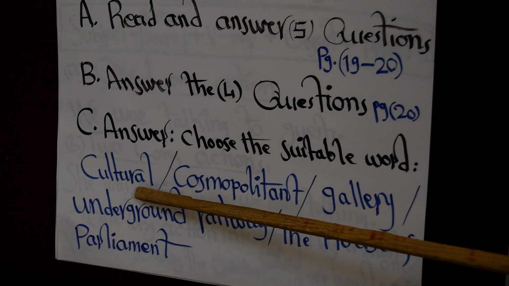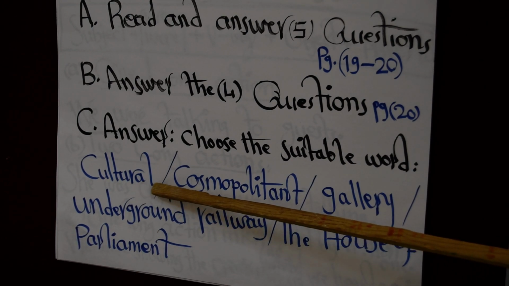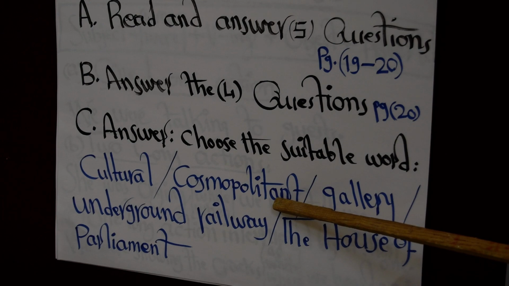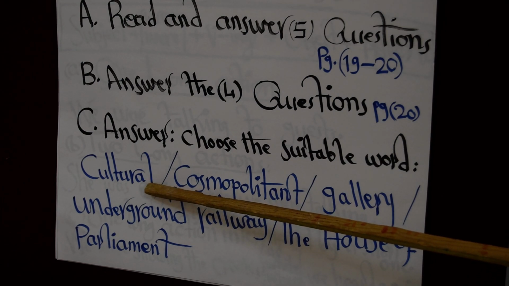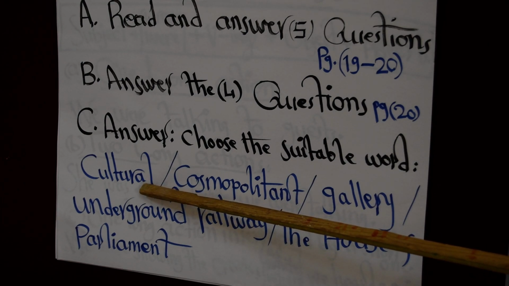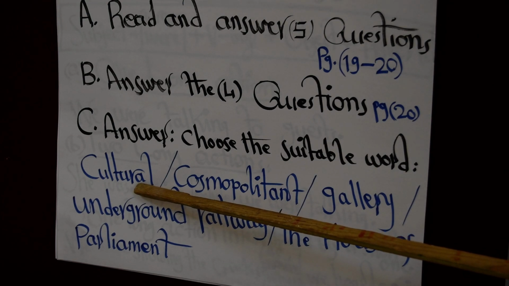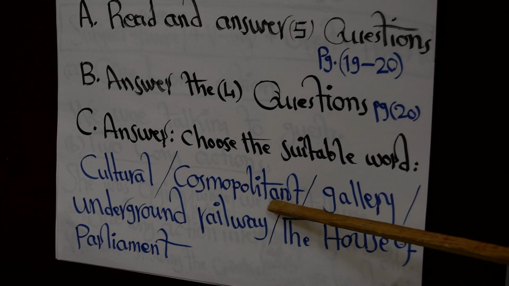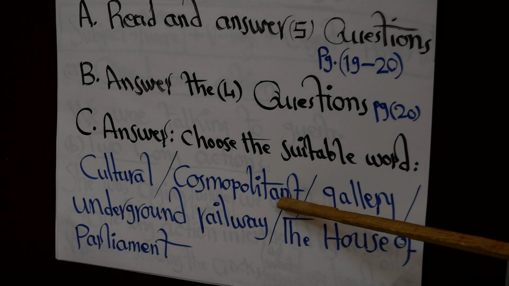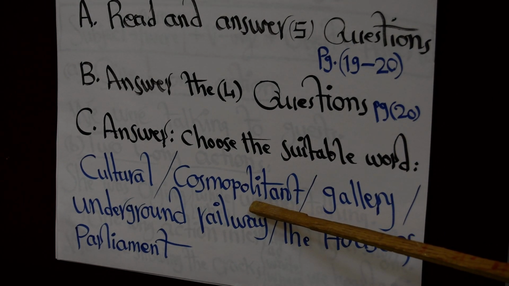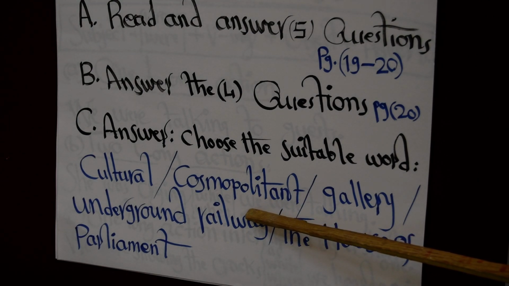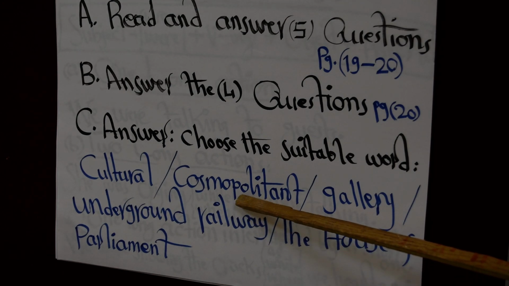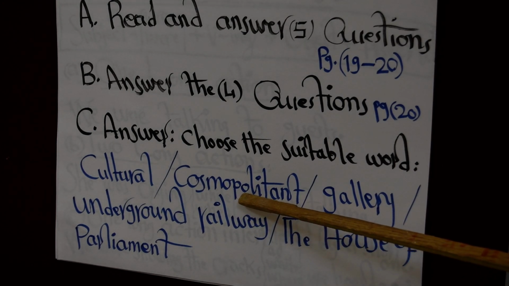So we have cultural and cosmopolitan. When I say culture, it has something to do with arts, habits, traditions, theater, films, stories, singing, lots of things. But cosmopolitan means a city or a town with people from different countries, of course different cultures and habits.